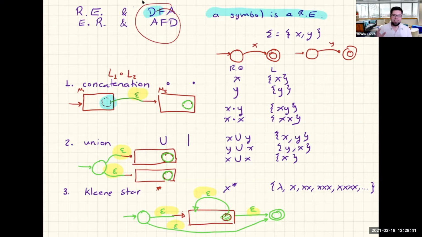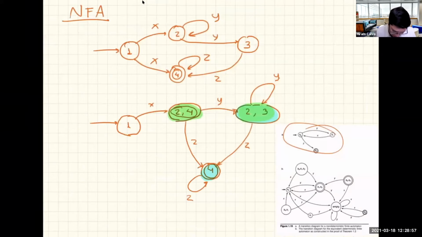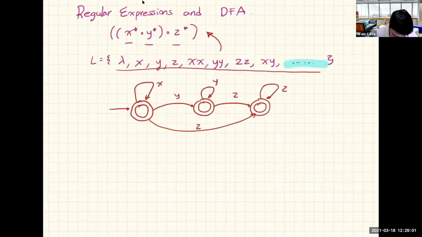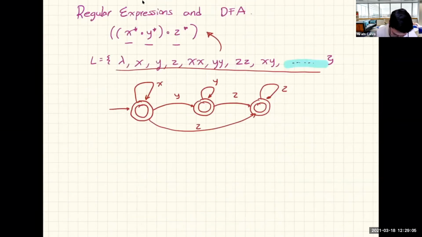Yeah, nice. Okay, so let's see an example. What if we go back to those examples that we already did last class? I don't want to start with a very complicated example.